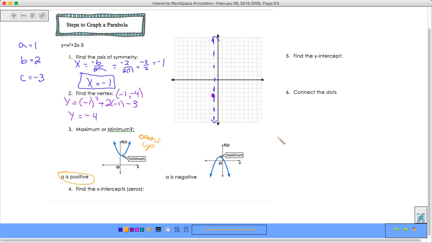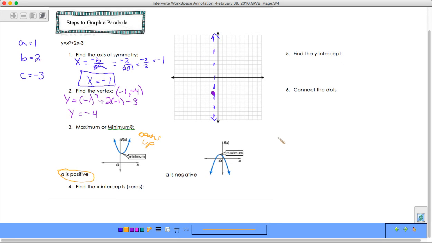So we can get those x-intercepts or zeros or roots. All those words mean the same thing. We can get our x-intercepts by factoring or using quadratic formula. So let's try factoring first. Okay. So I'm going to put 0 in for y.